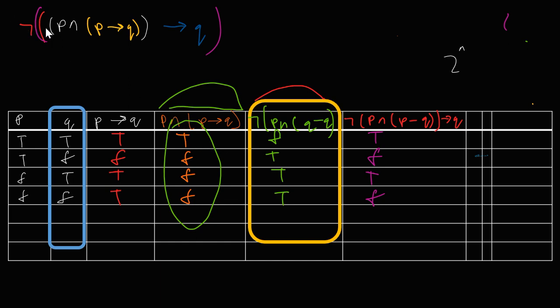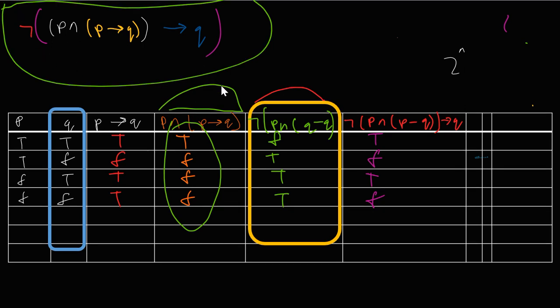So I leave that as your practice. Try to check if it is like this, is it going to be a tautology or a contradiction? Or if it was like this, it was supposed to be a contradiction. So make sure that you try it and comment in the comment section if it was a tautology or a contradiction. I just shifted the bracket compared to the one that I did.